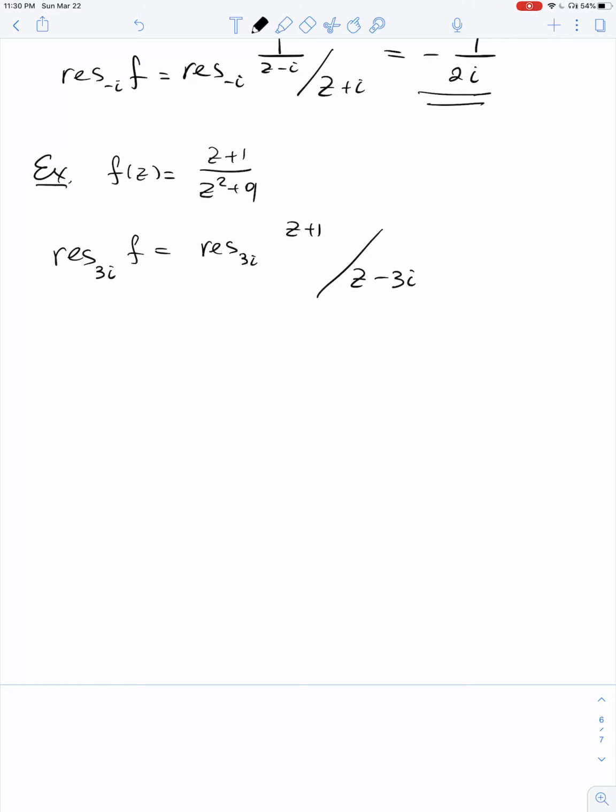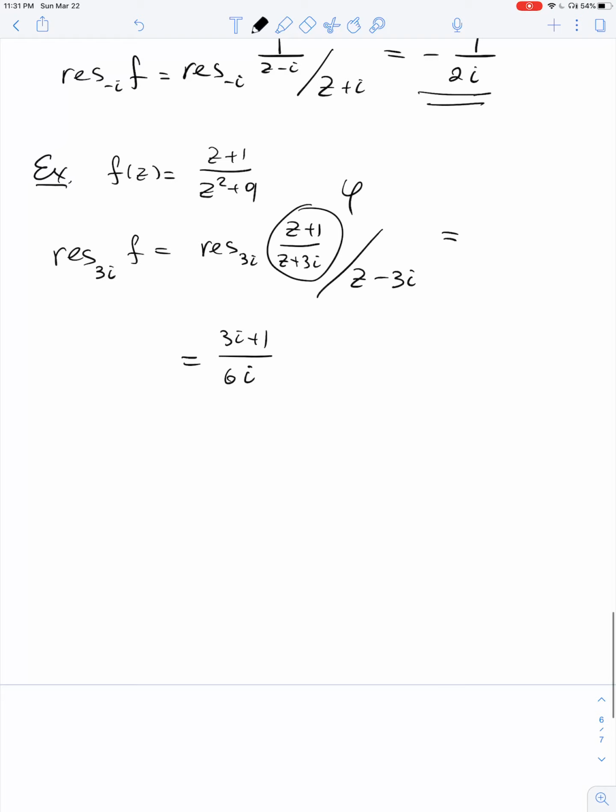What's left? z plus 1 divided by z plus 3i. This is our phi. So we get 3i plus 1 divided by 6i. We can simplify this, but don't really care. I especially don't care because if we want to compute an integral, we'll need to multiply this by 2 pi i, and i in the denominator will cancel out.